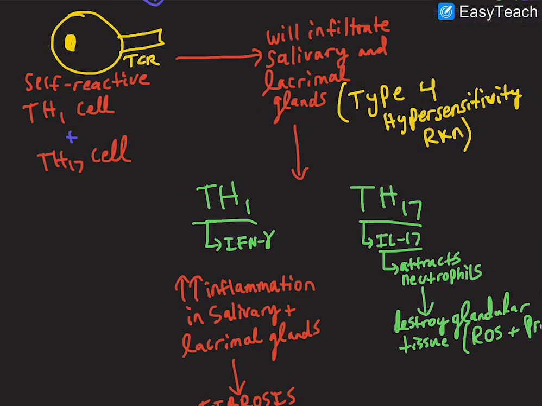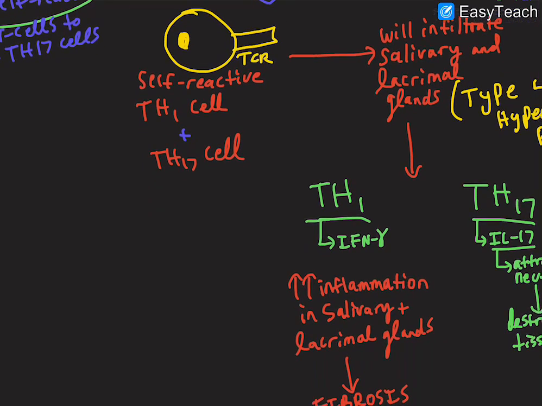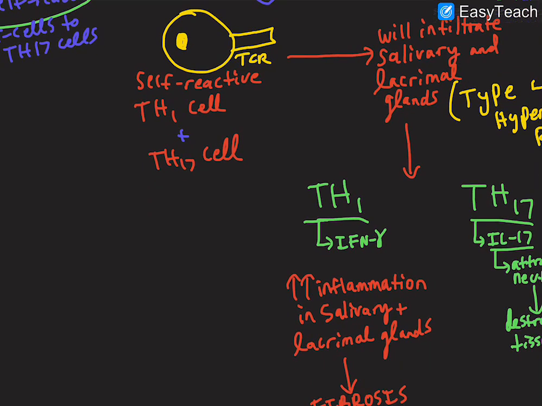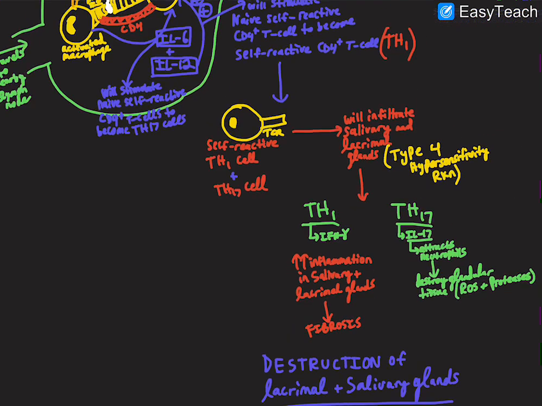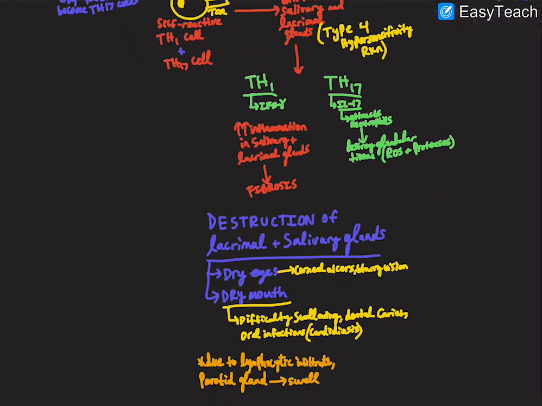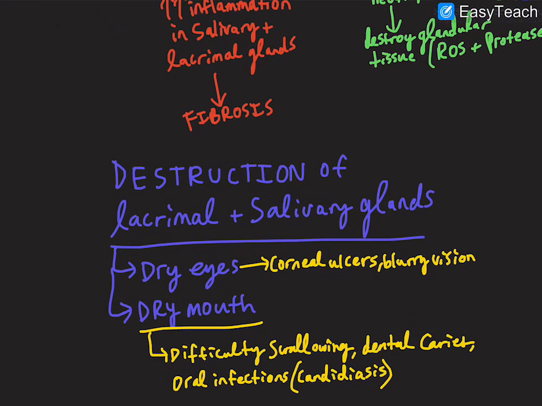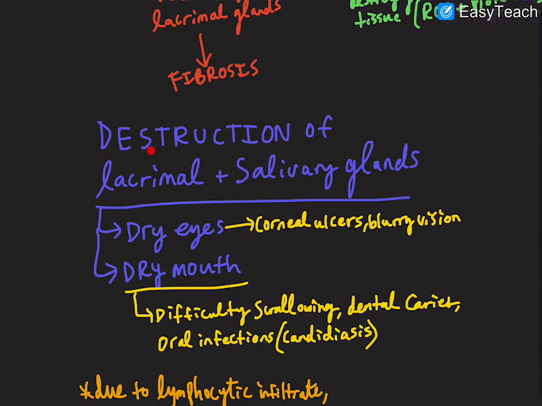So if you destroy your salivary glands, you get what? Dry mouth. If you destroy your lacrimal glands, you get dry eyes. Okay? So that's the basic mechanism of how the pathogenesis of Sjogren syndrome works. So again, what did we see? We saw destruction of our lacrimal and salivary glands.